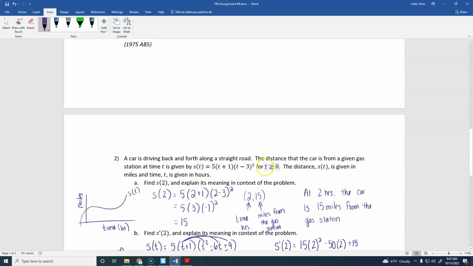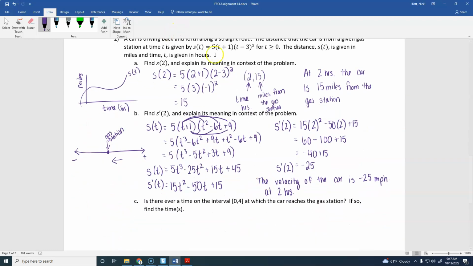So this equation gives the distance that the car is from the gas station. So that equation should equal 0 if you're at the gas station, right? So we don't want to use this function that we just found right here where we expanded it. We want to use the original, right? Because the original is already factored for us. If we don't use the original, then we're going to have to factor 5t cubed minus 25t squared plus 15t plus 45.